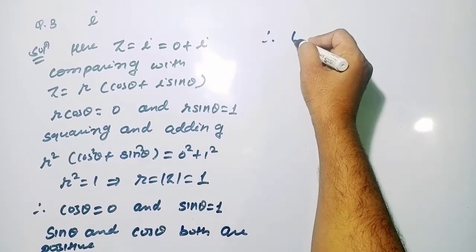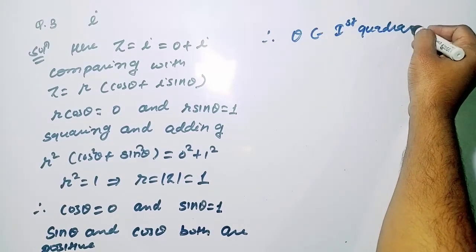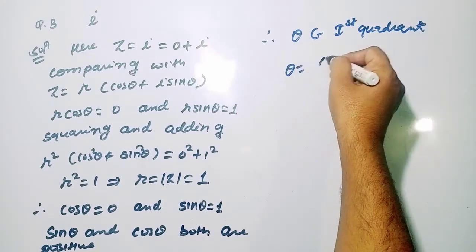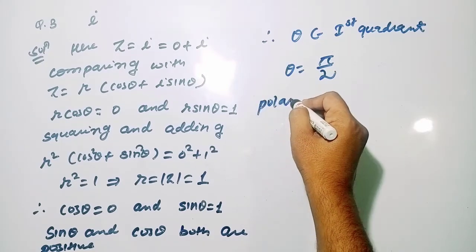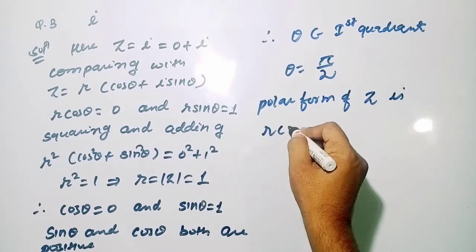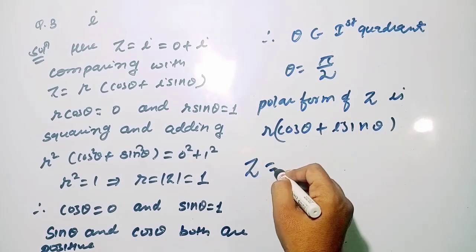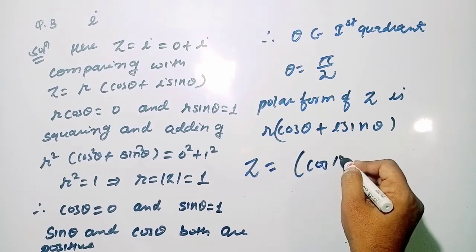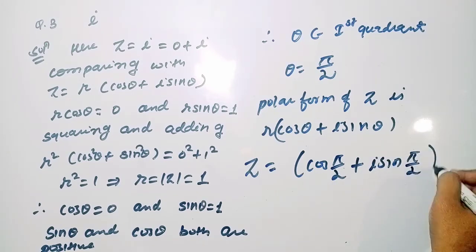So in the first quadrant, the argument of the complex number can be written as pi by 2. So the polar form is z is r (cos theta plus iota sin theta), so z is 1 (cos pi by 2 plus iota sin pi by 2).